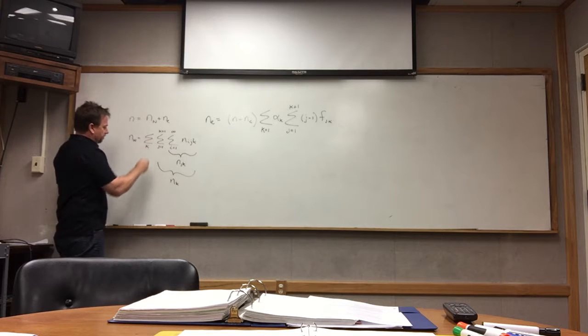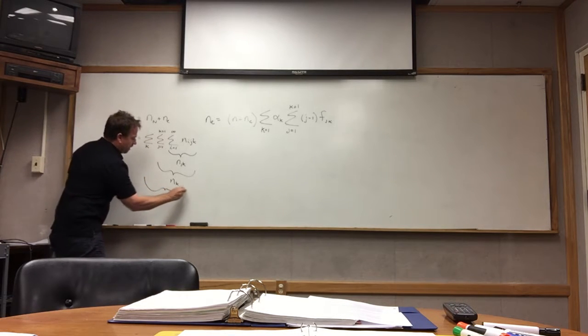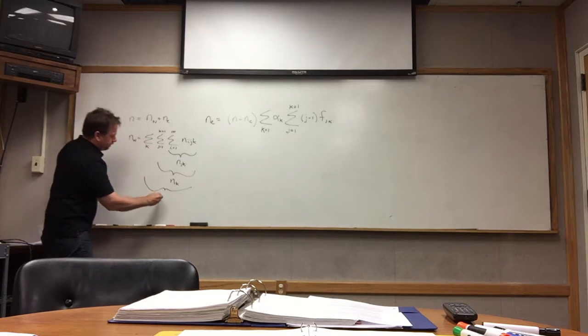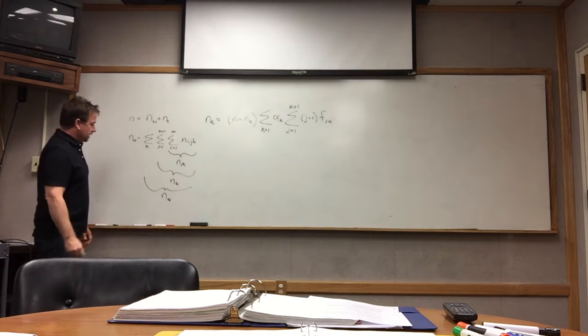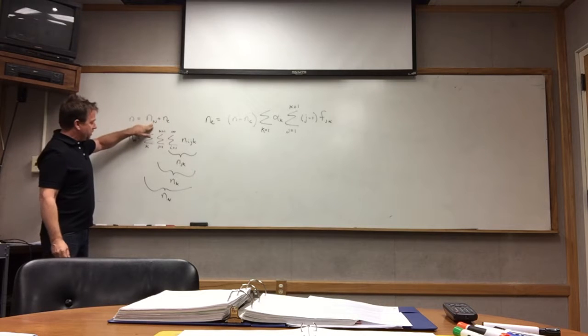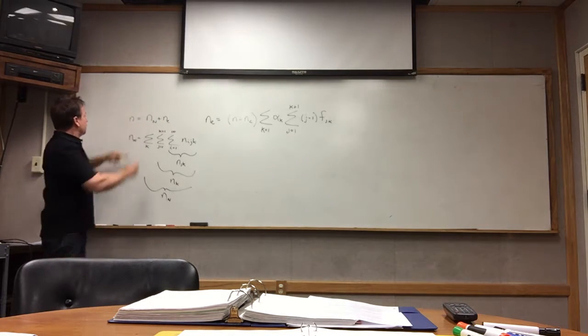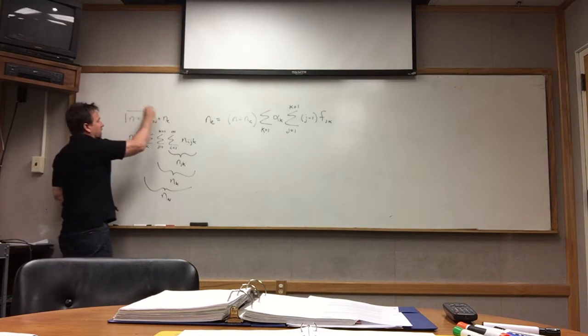And then if you sum all the Nk, you get N nuclei. Then if you know the electron density and you know the nuclei density, you get the total density here.